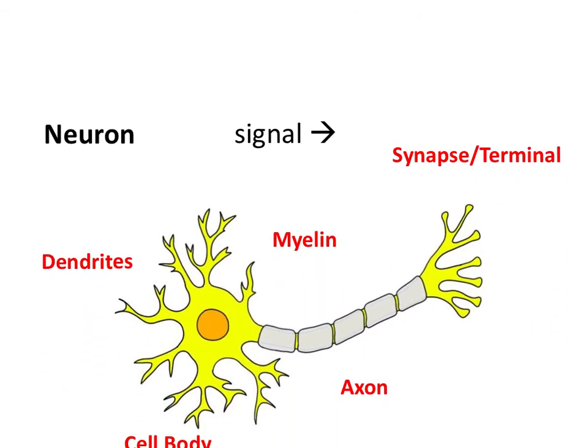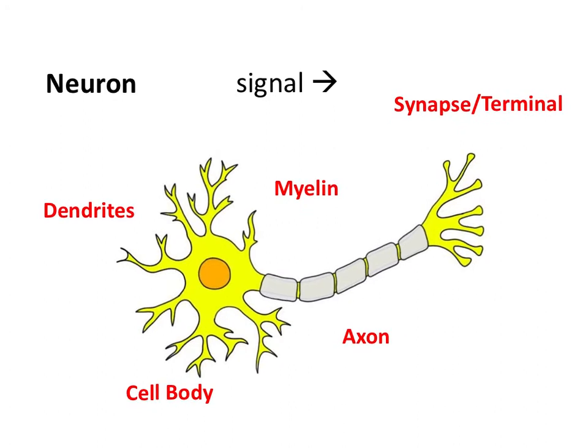To get us started, the main type of cell in the nervous system is called a neuron. Shown here is a diagram of what neurons look like, and there's a few different parts that are labeled that we'll go through. The way that my neuron is oriented is left to right, meaning that it would receive a signal, it would then respond and release a signal towards the right.